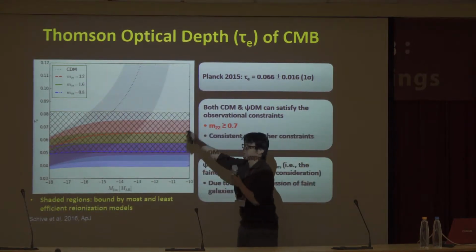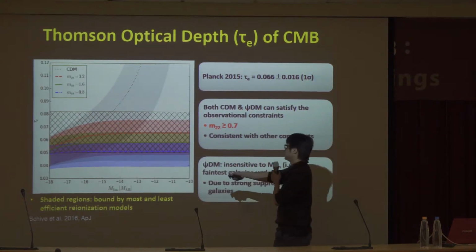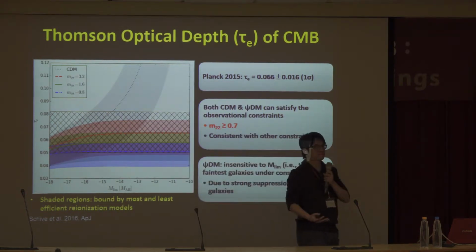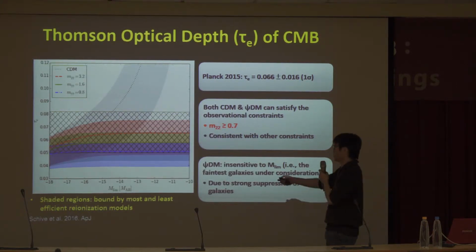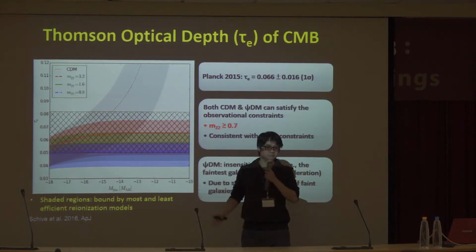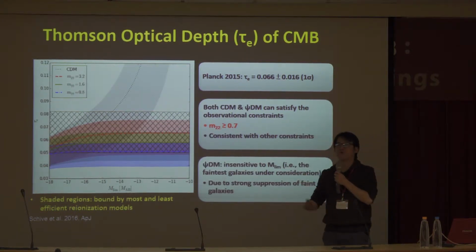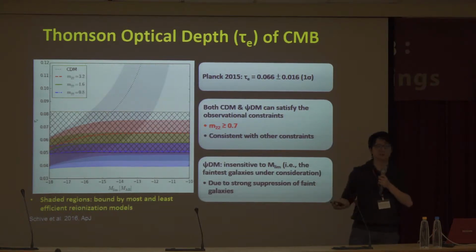Otherwise, this curve just goes to infinity. But the prediction of this model is very insensitive to the assumed limiting luminosity, because faint galaxies are suppressed anyway. So it doesn't matter what cutting luminosity you assume. In this case, the prediction is less model dependent, which is a good property.